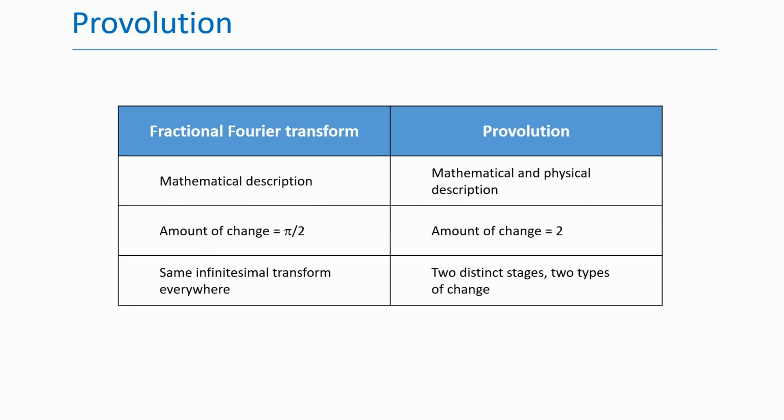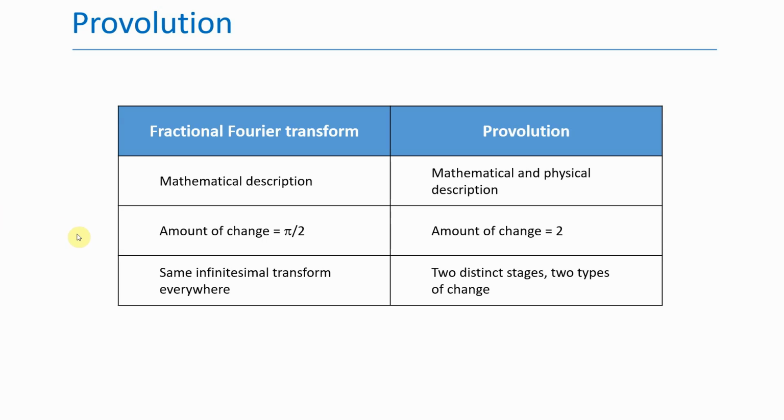But the fractional Fourier transform is just one way to think about gradual change. Symmetry optics uses an analogous concept called provolution. This chart shows some of the differences. First, the transform is basically a mathematical description. And while provolution is described in mathematical terms, it has a much clearer physical interpretation as well.